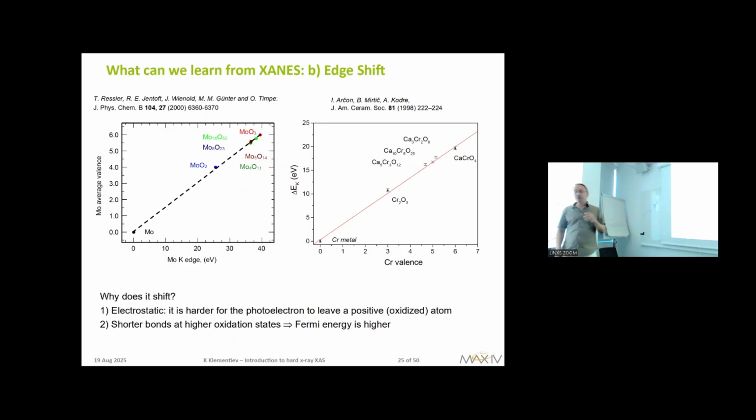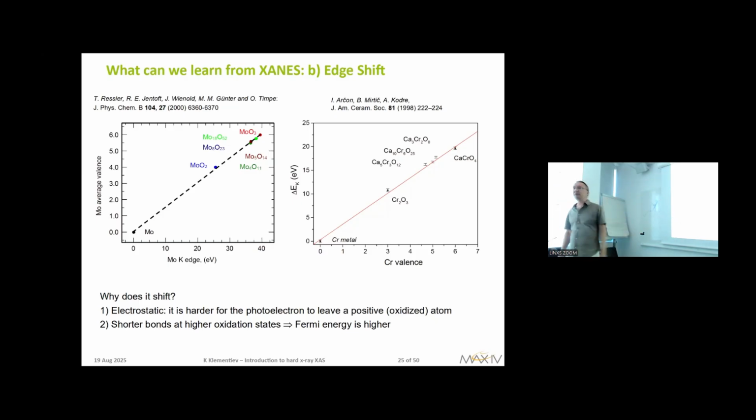In the same way, you define your edge position from your experimental spectrum. It's also a question how to define it. Most typically it is by the first maximum on the first derivative. So you put it on this plot and you tell the valence of your sample. Also great. And then a similar example for chromium.